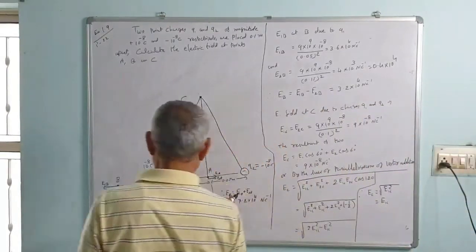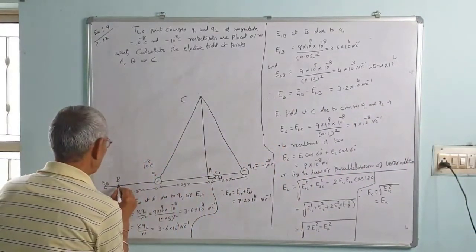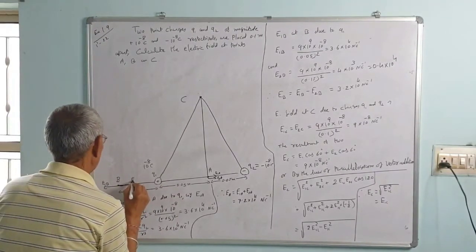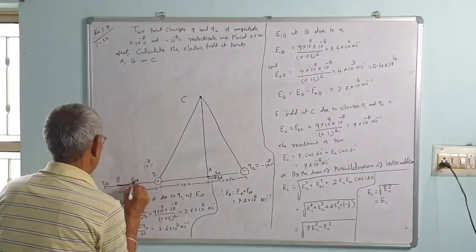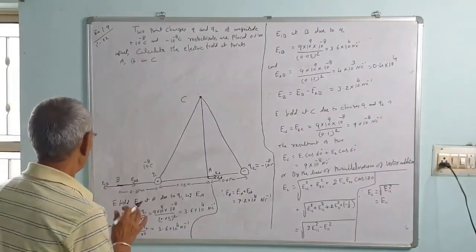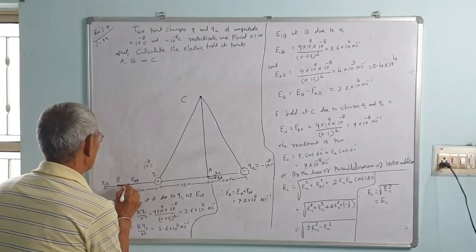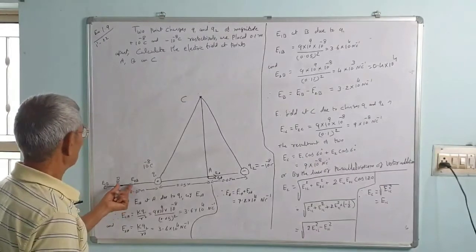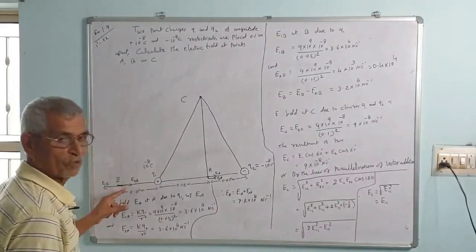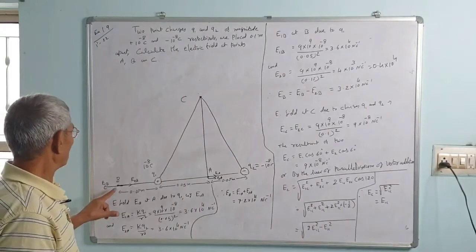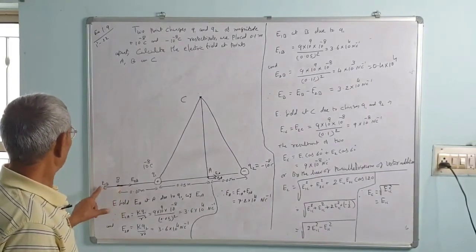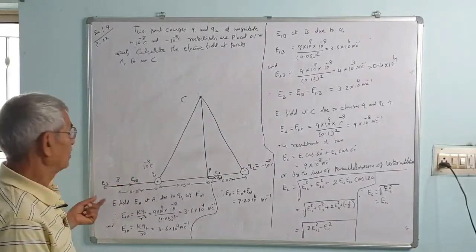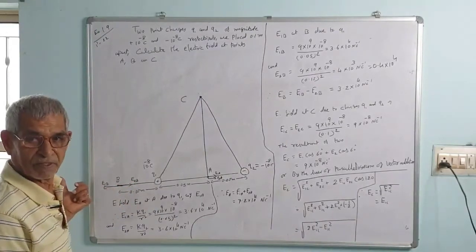Now what is the direction? This is negative, so the unit positive charge will be attracted. This is E2B. It is less, so we will show it with a smaller arrow. Electric field is shown by the length of the arrow also. This is 1/9, so you can show it smaller. So what is the net field? The net field will be E1B minus E2B, towards the left, in the direction of the larger field.